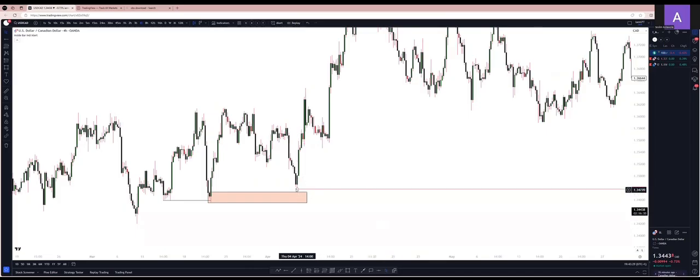And you mark it as inducement, expecting the market to actually come and mitigate to this particular order block. Why? This point has already turned into a low resistance liquidity run, which means that when the market is coming back to this low, the market is going to take it.